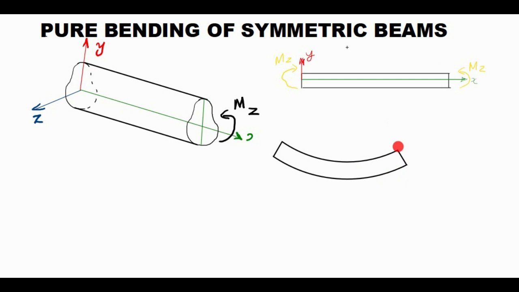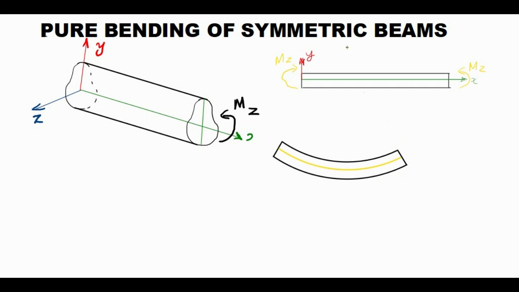Now here the deformation is positive, or length increases, and here the length decreases. So there will be some fiber here where the length does not change.